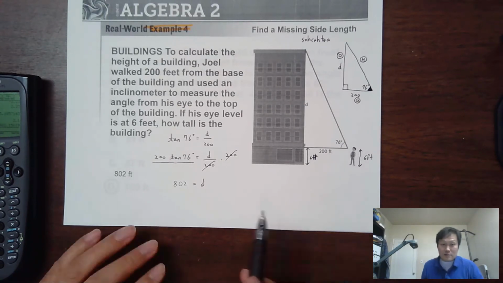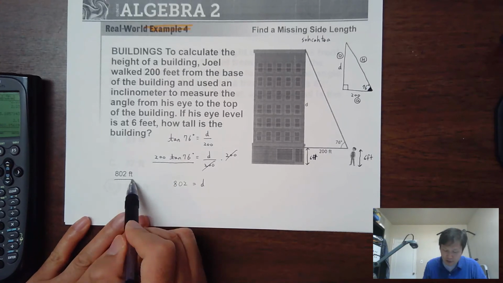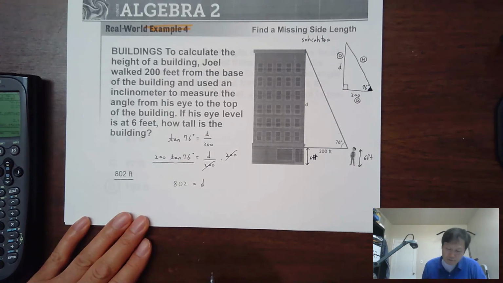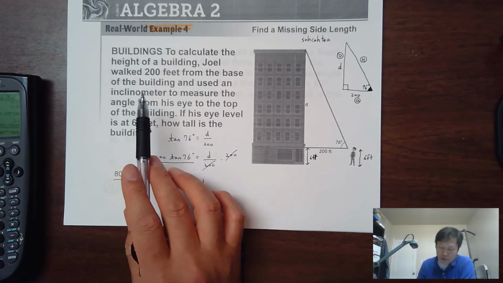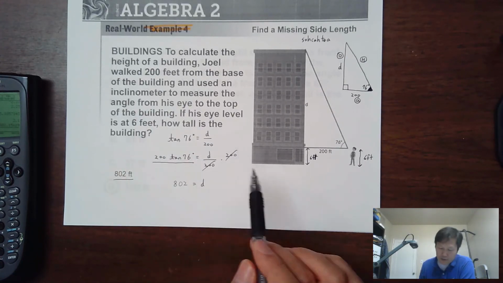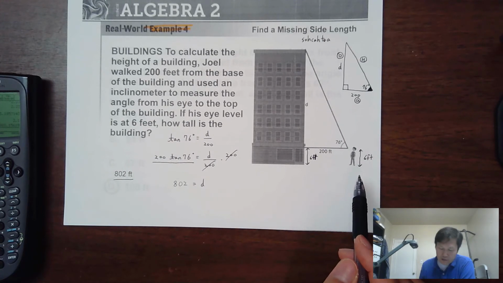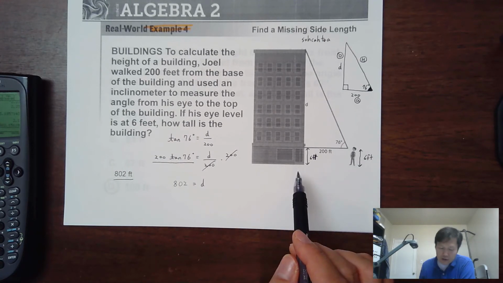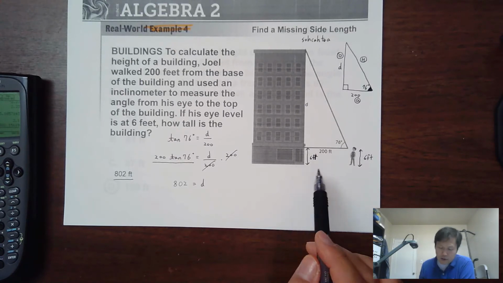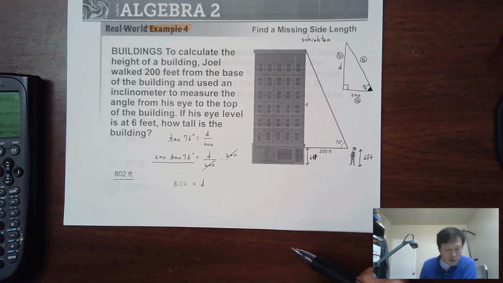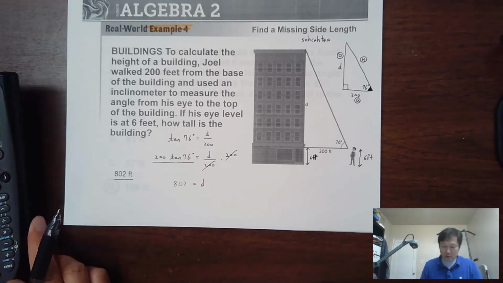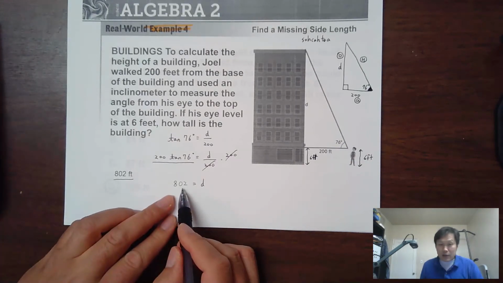Okay, so this answer here, 802, is not the correct answer. To calculate the height of the building, he walked 200 feet from the base of the building and used an inclinometer to measure the angle from his eye to the top of the building. If his eye level is 6 feet, how tall is the building? Very interesting. Okay, so D is 802.